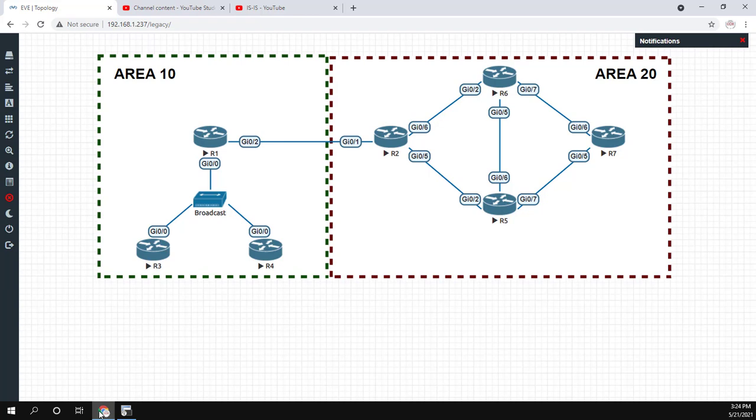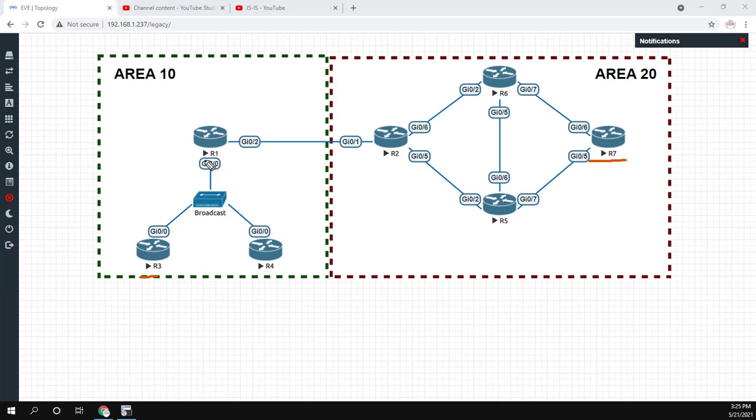On the next video, though, what I want to show you is we're going to do summarization eventually, but in the next video, I want to show you how to do some leaking. So what if I want router 3 to know about the loopback of router 7, but I still want it to be in level 1?